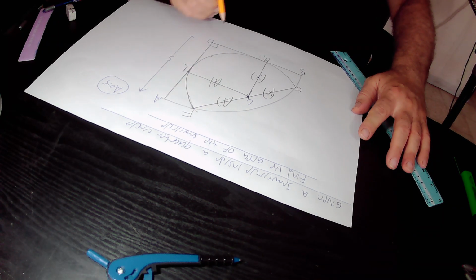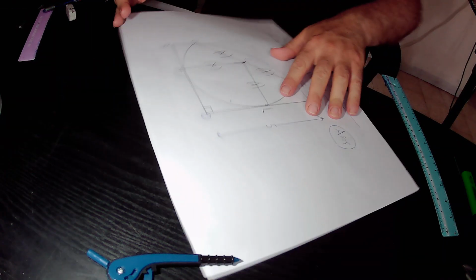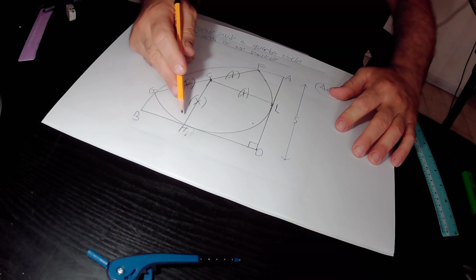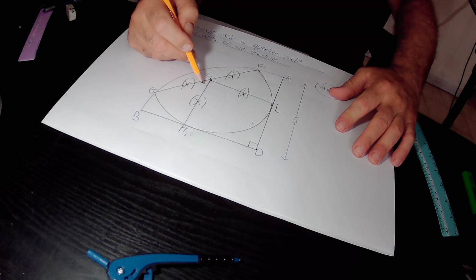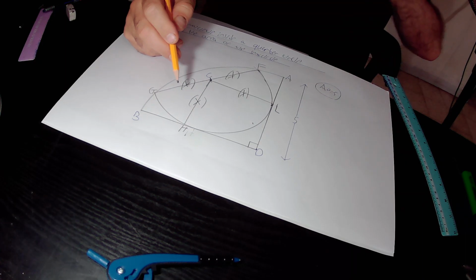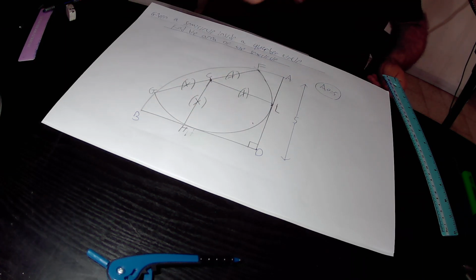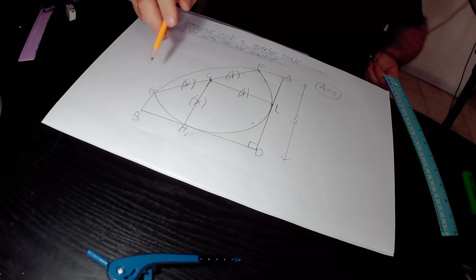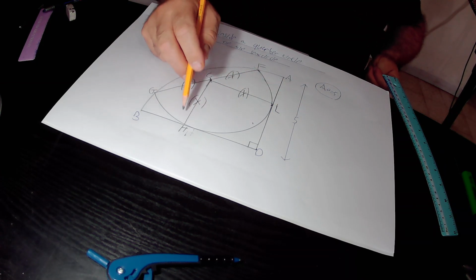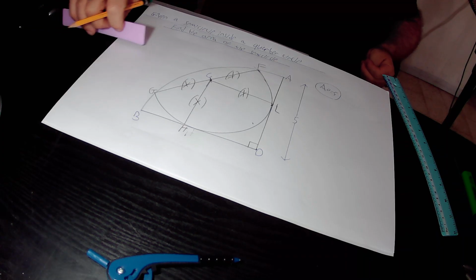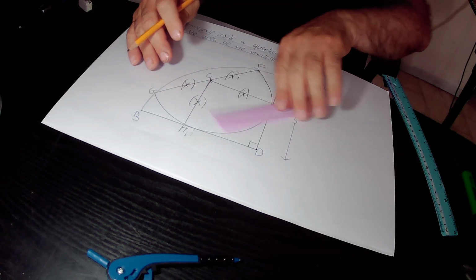So here we have the radius CH of the semicircle drawn to point H, that is the point of tangency of tangent BO with this semicircle. And whenever a radius is drawn to the point of tangency, then tangent BO will be perpendicular to the radius HC. If BO is perpendicular to HC, it means that this angle equals 90 degrees.